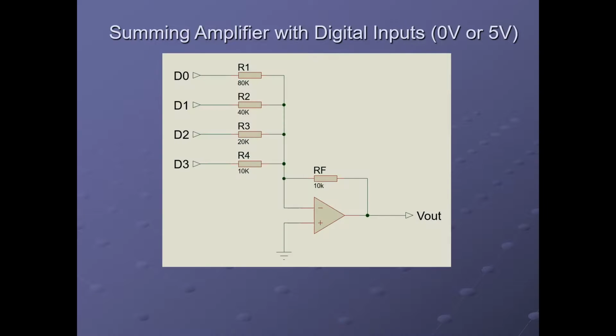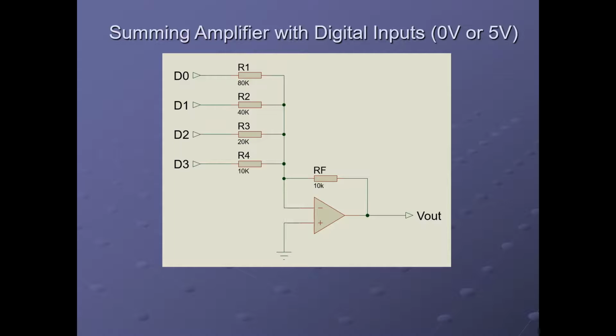Okay, so summing amplifier with digital inputs, 0 or 5 volts. Let's have a look at how this works. This circuit is based on a summing amplifier, and it will convert a digital number into a voltage which represents that digital number. You'll see here that we've got D0, D1, D2 and D3, and those are our data inputs, so they're going to be ones and zeros.